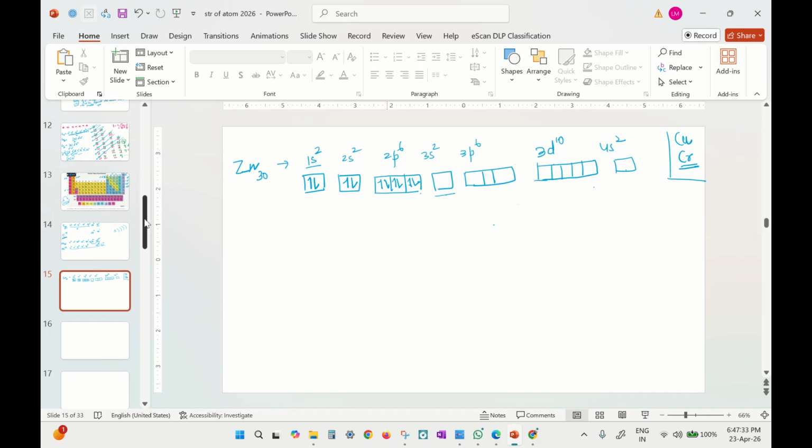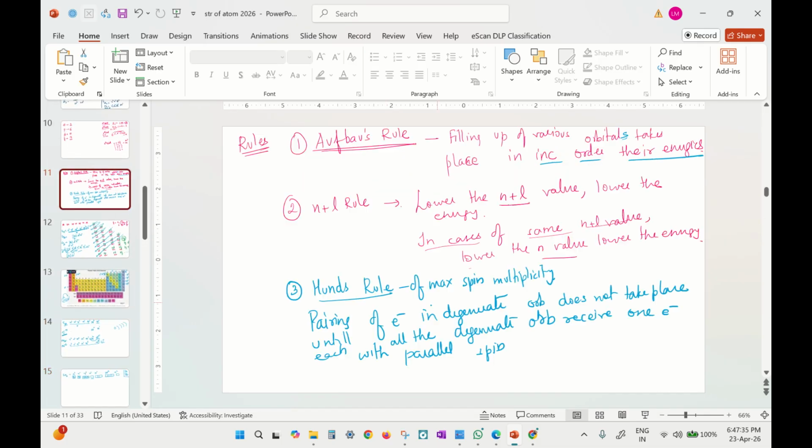Now, why so? Why do we need that? It is to ensure that there is maximum spin multiplicity. Hund's rule is telling us to pair the electrons in the degenerate orbitals only when all the degenerate orbitals have received one electron each with parallel spin. And why? In order to ensure that there is maximum spin multiplicity.